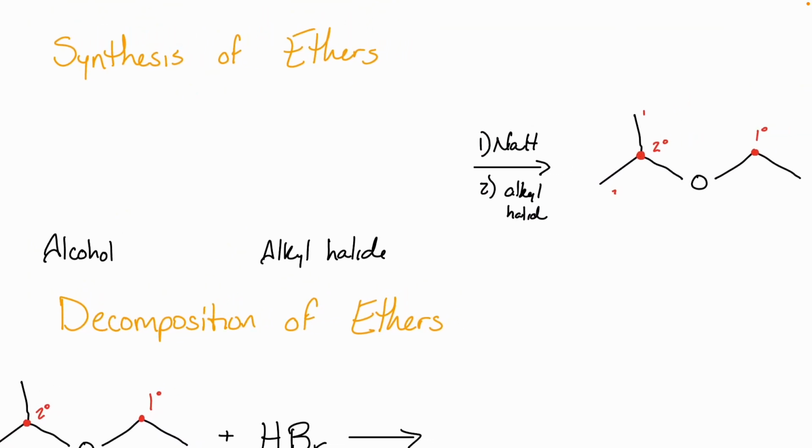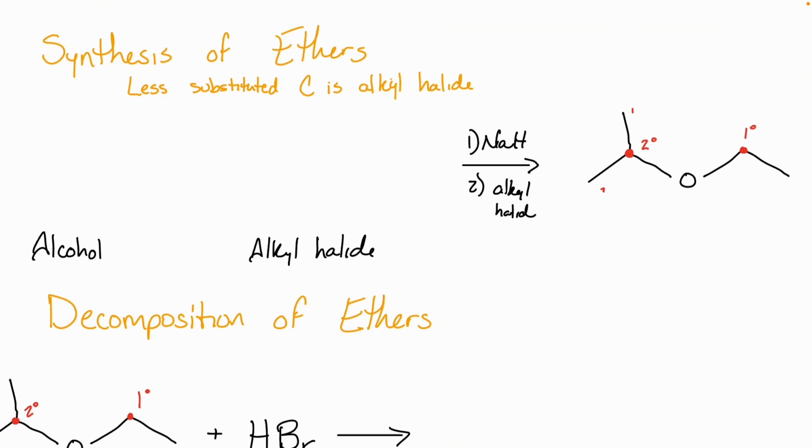So when we're doing the synthesis of ethers, the key here is that the less substituted carbon is our alkyl halide fragment. So if I look here, I'm going to split this ether into two halves.